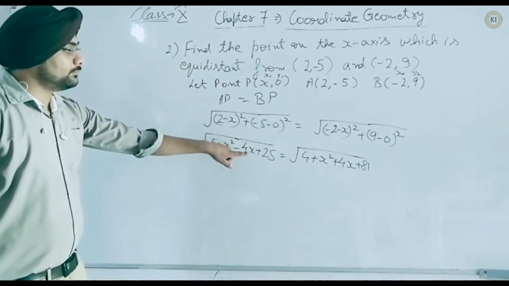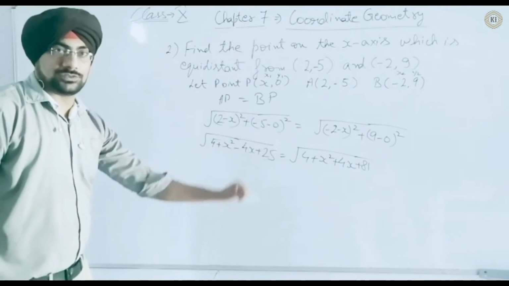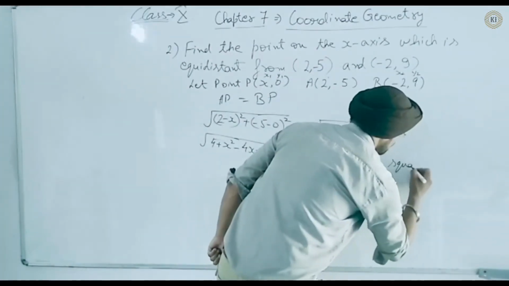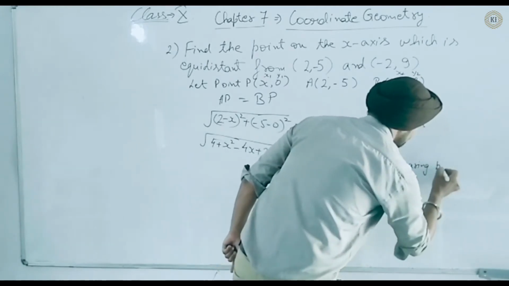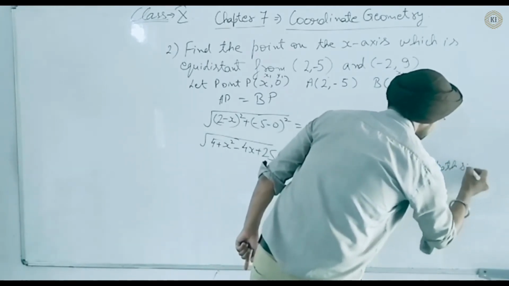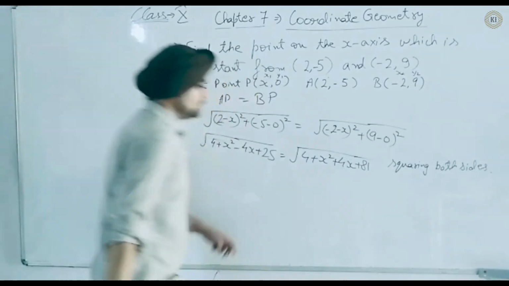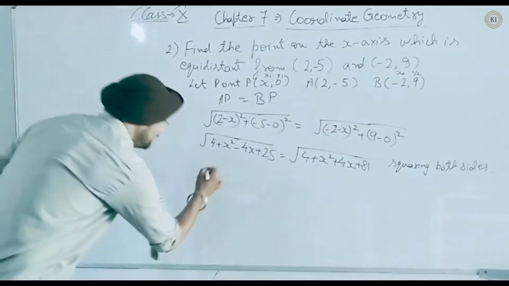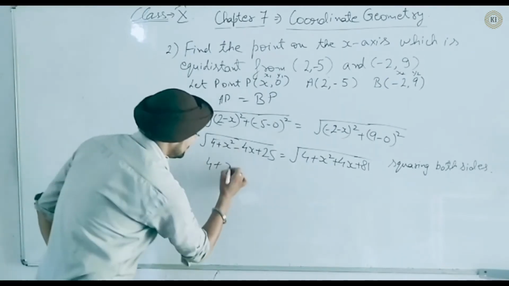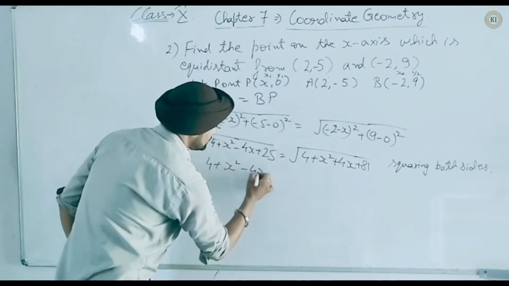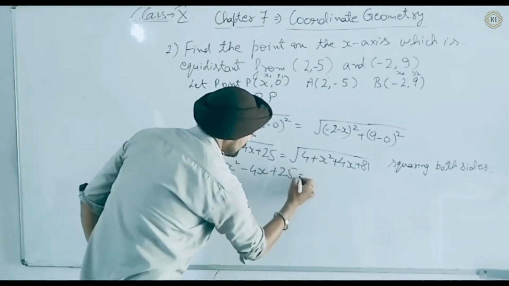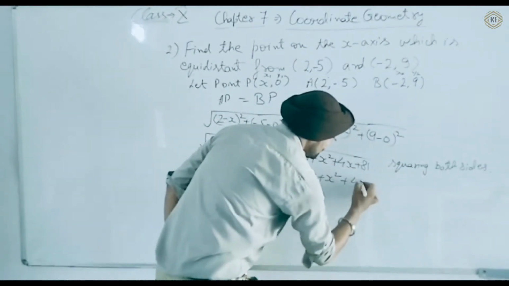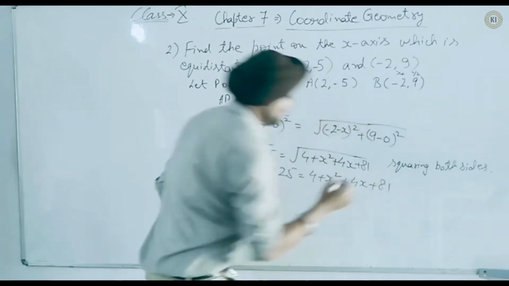Now for removing the square root sign, we have to square both the sides. So when we square both sides, the square root sign is removed. So what is left here: 4 plus x square minus 4x plus 25 is equal to 4 plus x square plus 4x plus 81.